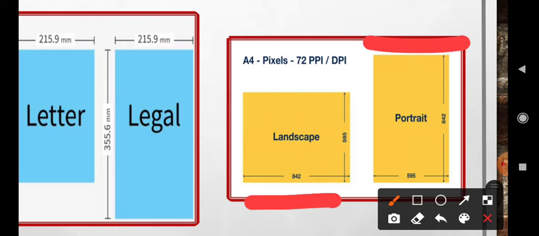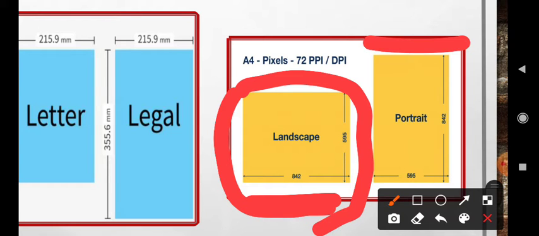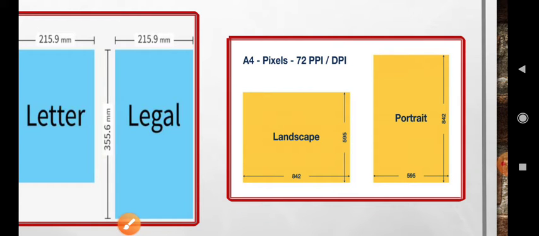Yes, if you are selecting the landscape option, at that time it will be larger in the horizontal position than the vertical position, and in the portrait it will be larger in the vertical size and in the horizontal size it will be less.